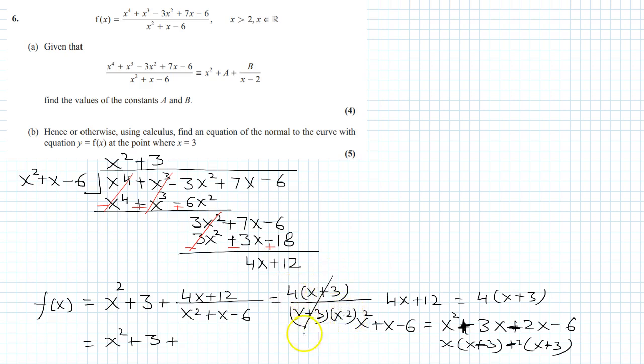So it will be 4 over x minus 2, so plus 4 over x minus 2. This is f(x). So a is 3 and b is 4. That is the answer of part 1.